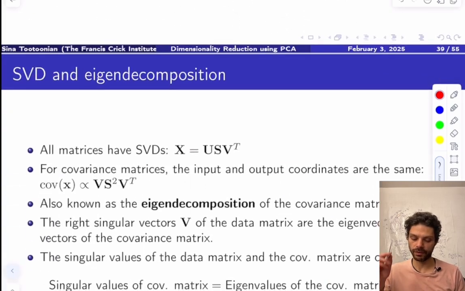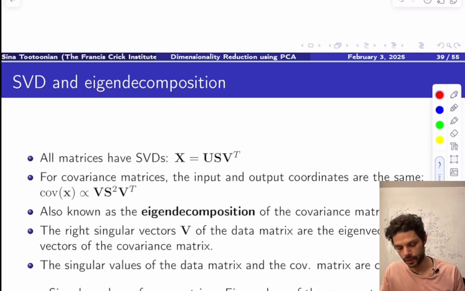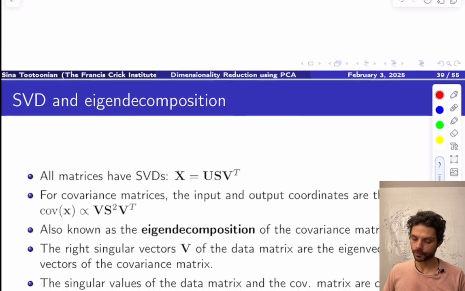Now, one thing I just want to touch on is the close connection between SVD and something called the eigen decomposition, because you'll hear these two in very close proximity, and you can compute the eigen decomposition from the SVD, although not always the other way.